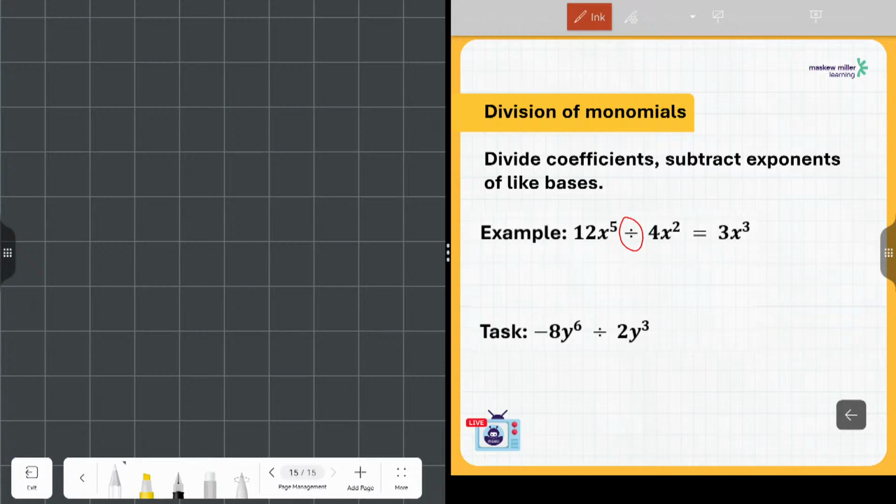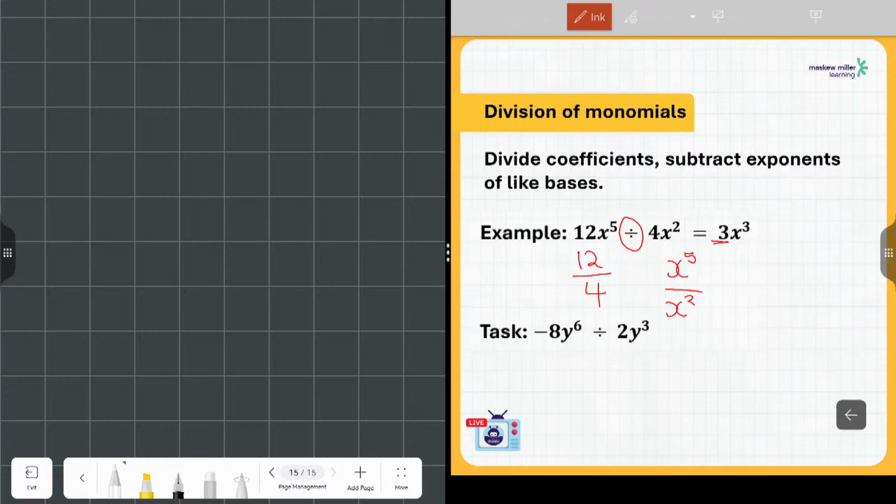So this is a very quick one where you have 12x to the exponent 5, which is divided by 4x squared. Similar to multiplication, what you are going to do is divide the numbers first. So 12 divided by 4, you will get 3. As well as when you say x to the exponent 5 divided by x squared.